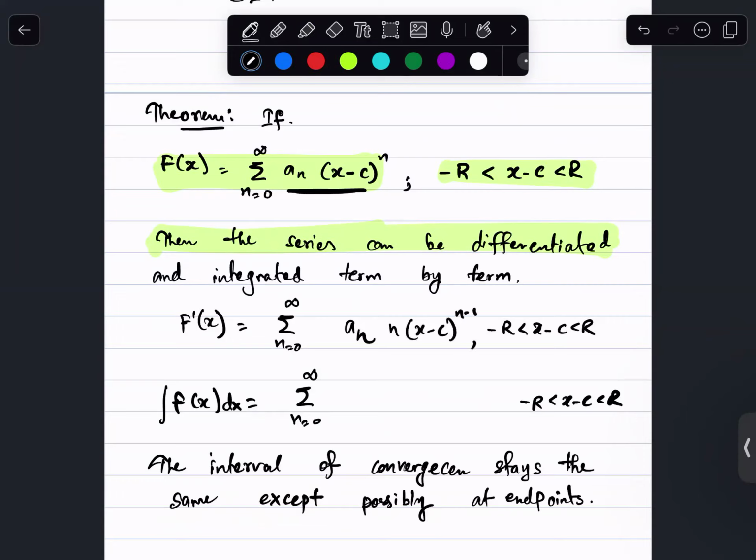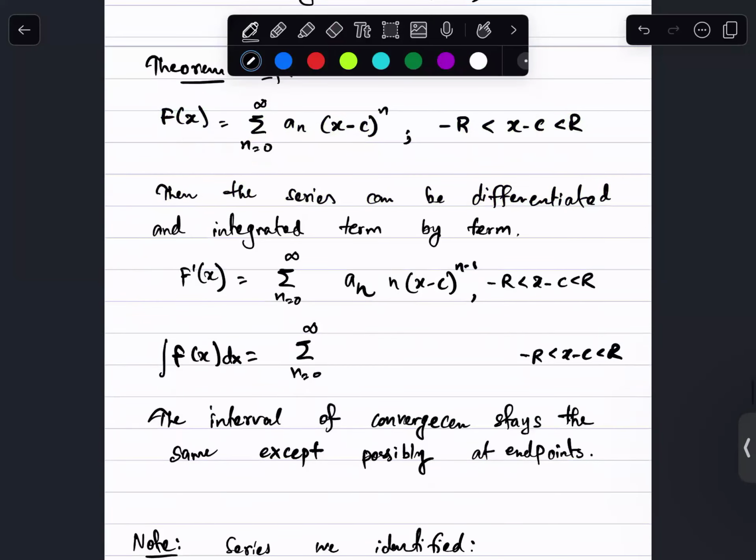Okay. And the good thing, or the surprising thing, is this derivative series. When I take the derivative of f(x), it will be again a power series, right? This power series also has the same radius of convergence, which is pretty amazing.